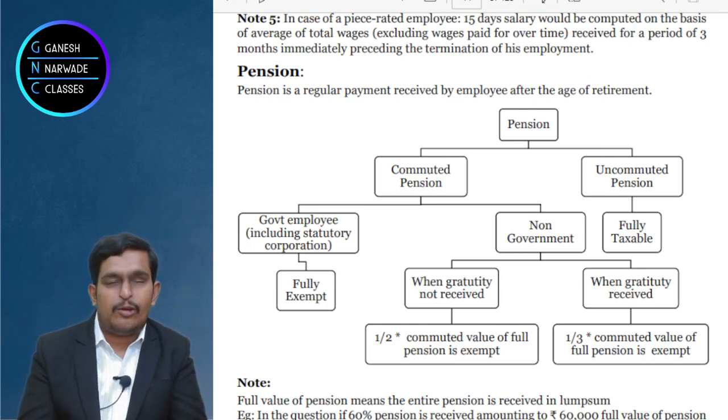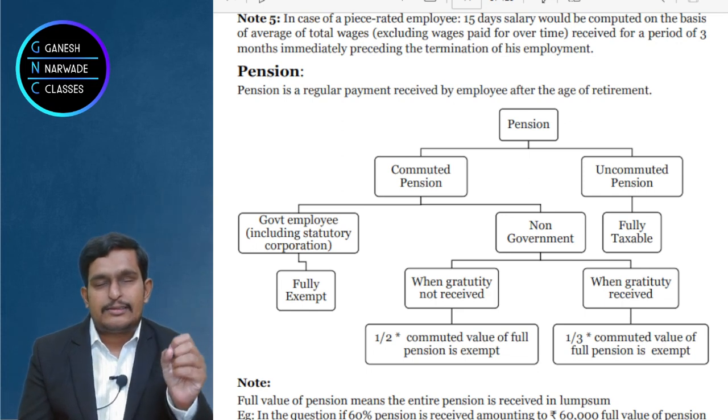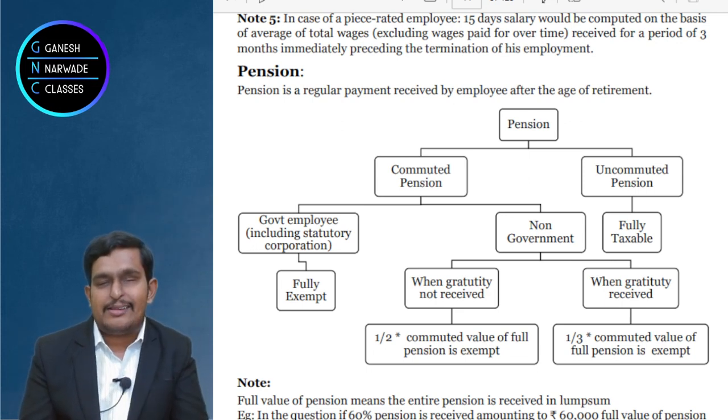Suppose in the question they gave, you received 3 lakh rupees as commuted pension, and 75% of the pension is commuted. Now what will happen? 3 lakh rupees into 100, how much percentage did we receive? 75%, right? Divided by 75. So 4 lakhs is the full value.